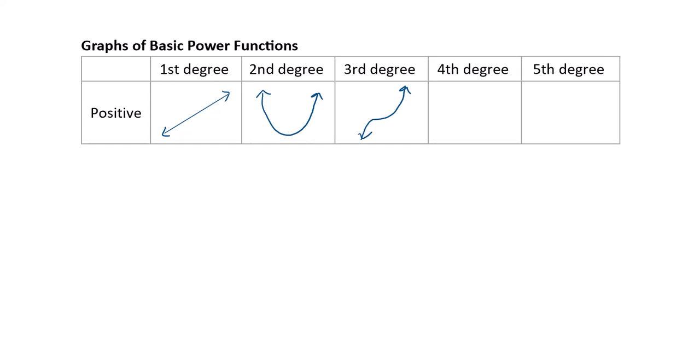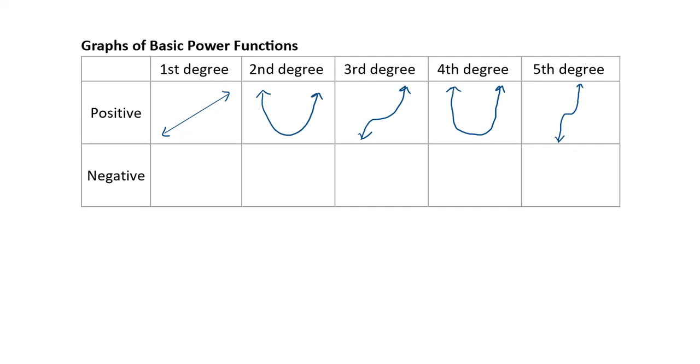A fourth degree looks a lot like the second degree, steeper on the sides and a little more flattened out at the bottom part right there. A fifth degree is going to look a lot like the third degree, but it's steeper and a little more flattened out as you get to that inflection point there in the middle.